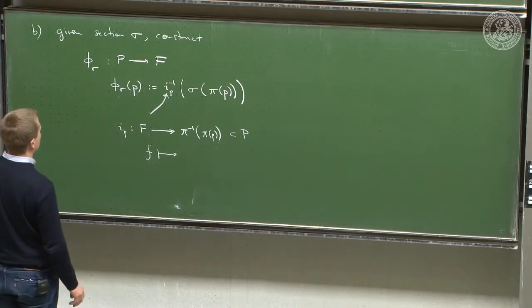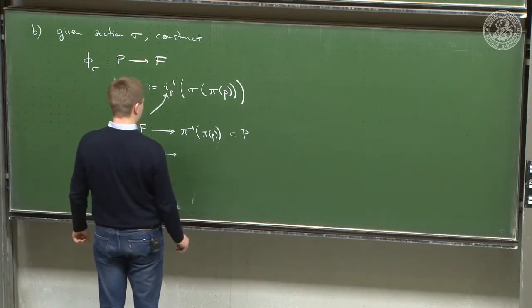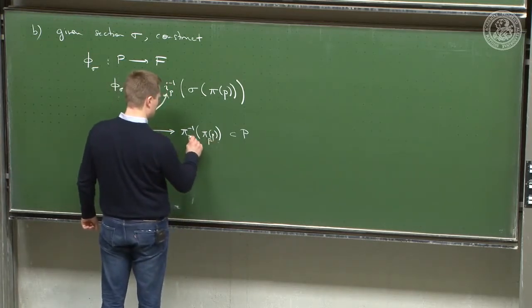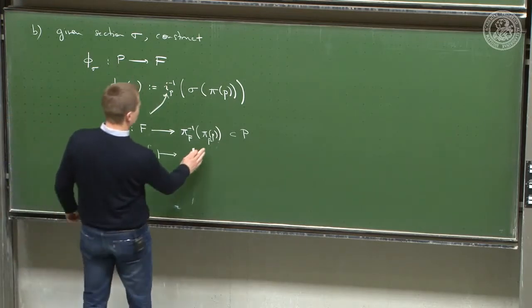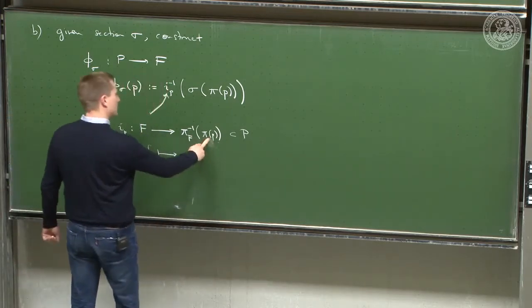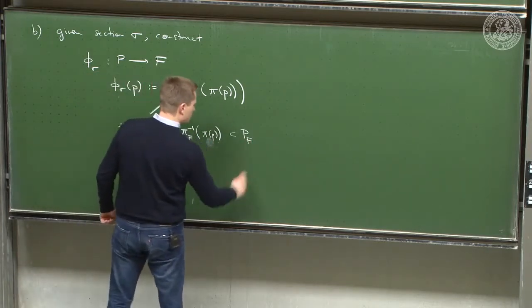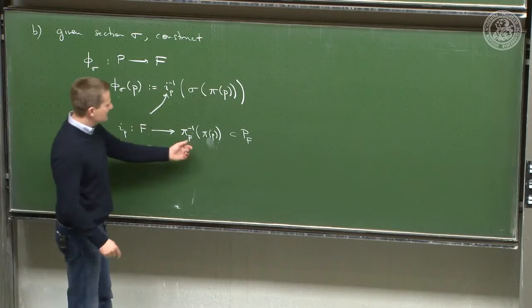I want this to lie in F. No, this must lie in the... I think I want this. Aha. So I want this to go down here with this pi, but I take the pre-image because I want the whole thing to lie in the associated bundle. So what I said before was true, but this is what I want.